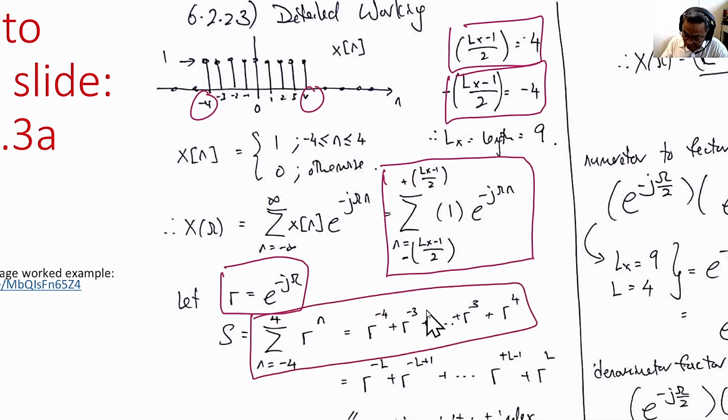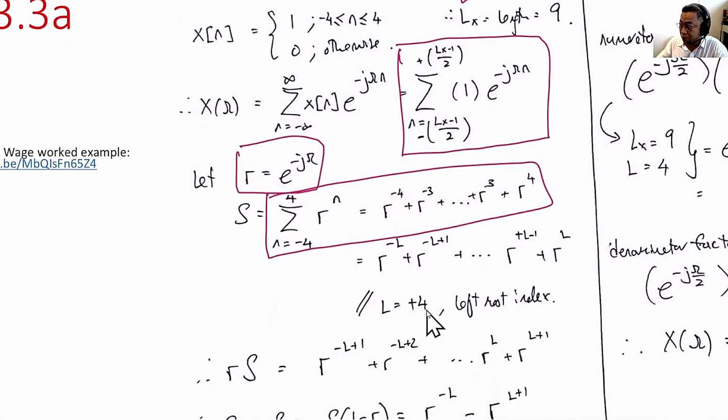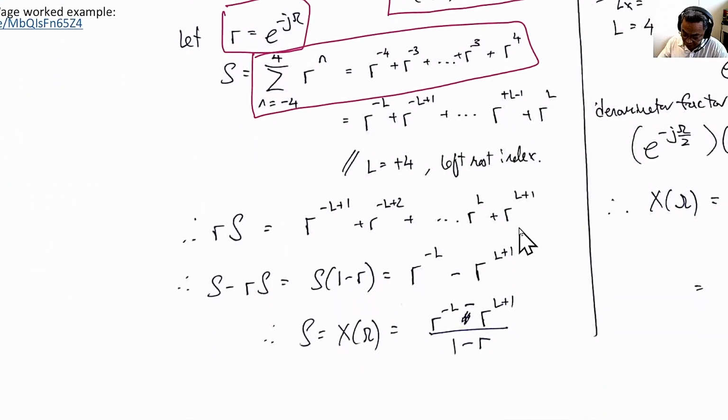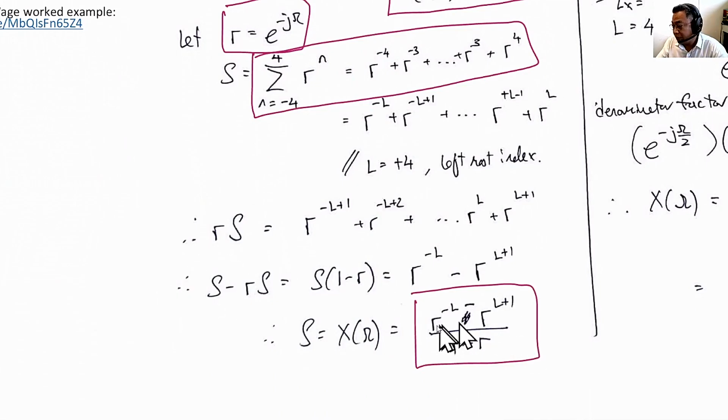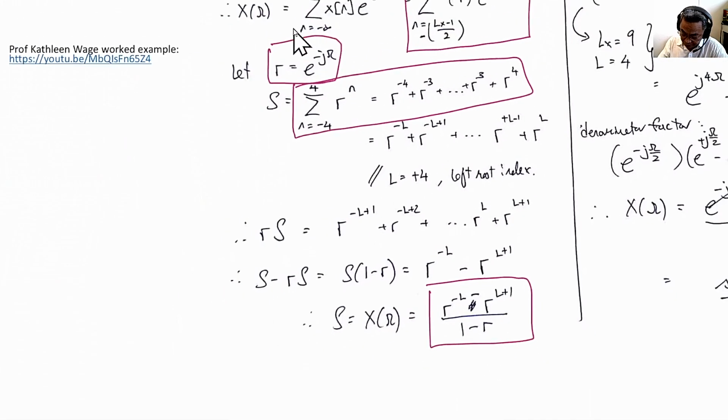So now it becomes a little bit simpler, and you begin to manipulate this sum. Out comes finally this solution, which is r^l, the starting point, minus r^(l+1), the ending point, divided by 1 minus r, where r is e^(-jω).